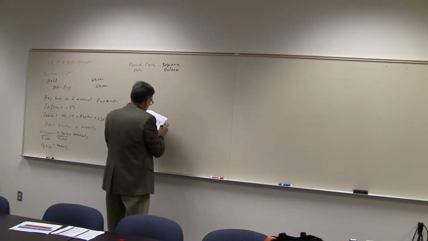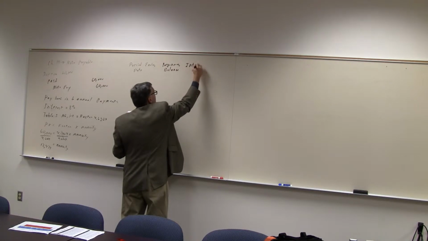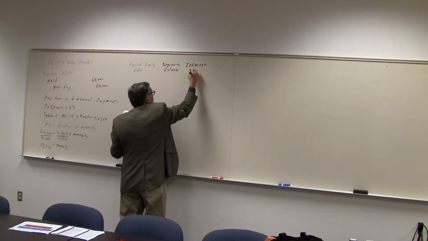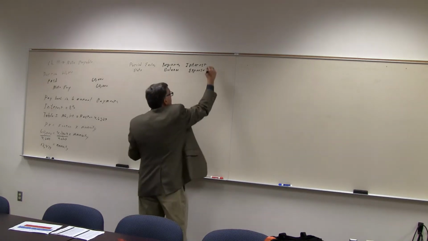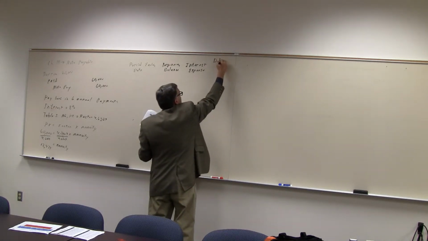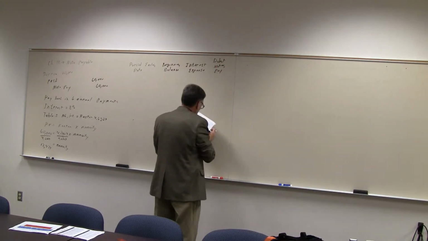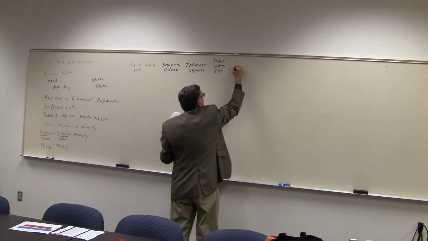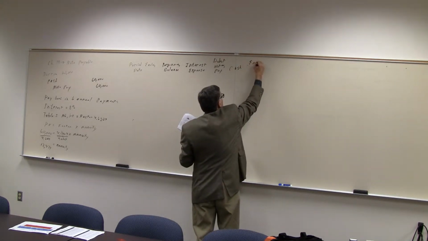Then interest expense, then a debit to notes payable, then the cash, and in the last column, the ending balance.